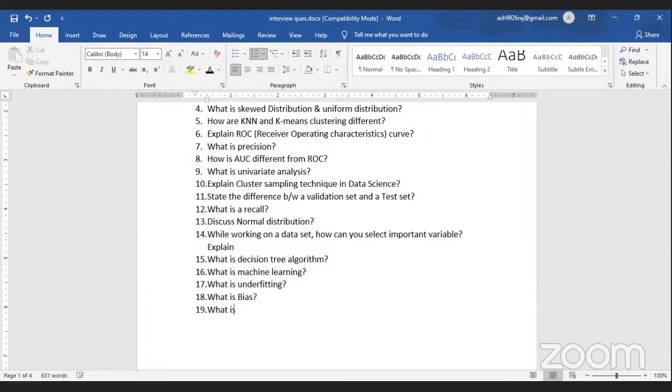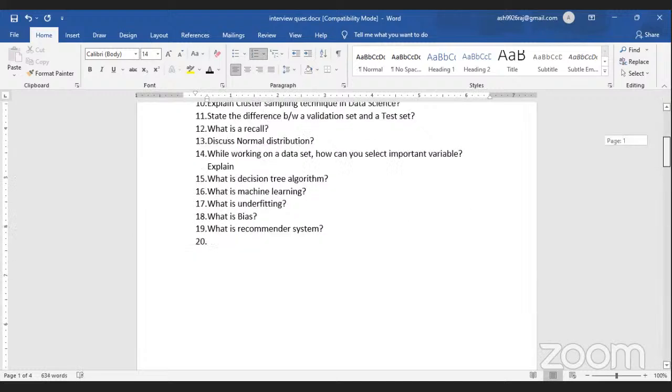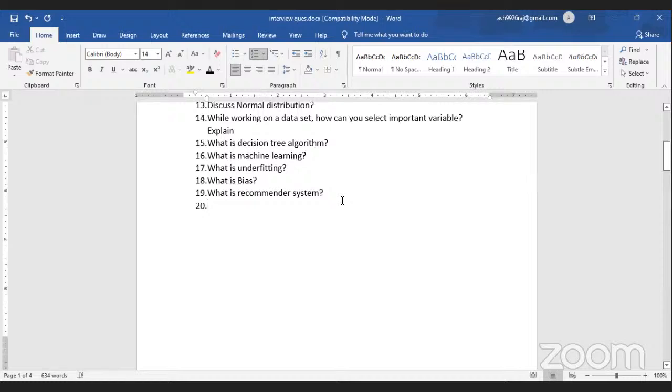Now move to the next question. What is a recommender system? A recommender system is today widely deployed in multiple fields like movie recommendations, music preferences, social tags, research articles, search queries, and so on.